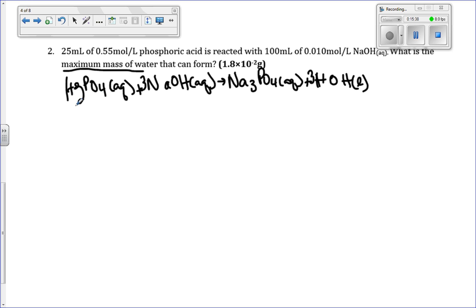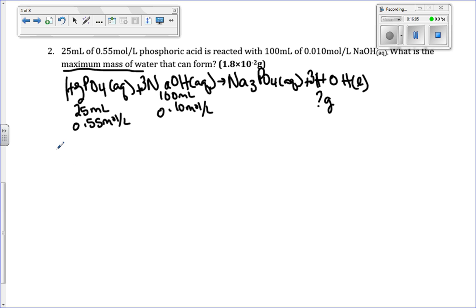Next step is to write our givens in. Phosphoric acid, 100 mils, 0.10 moles per liter sodium hydroxide, and we're looking for the mass of water.